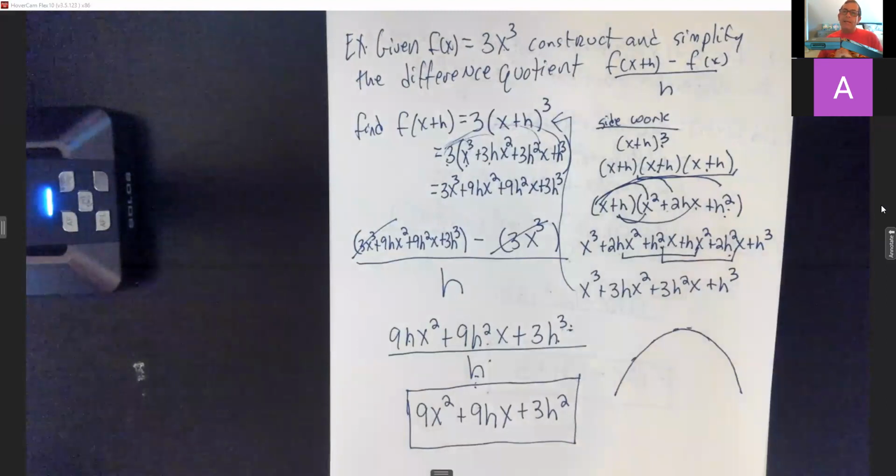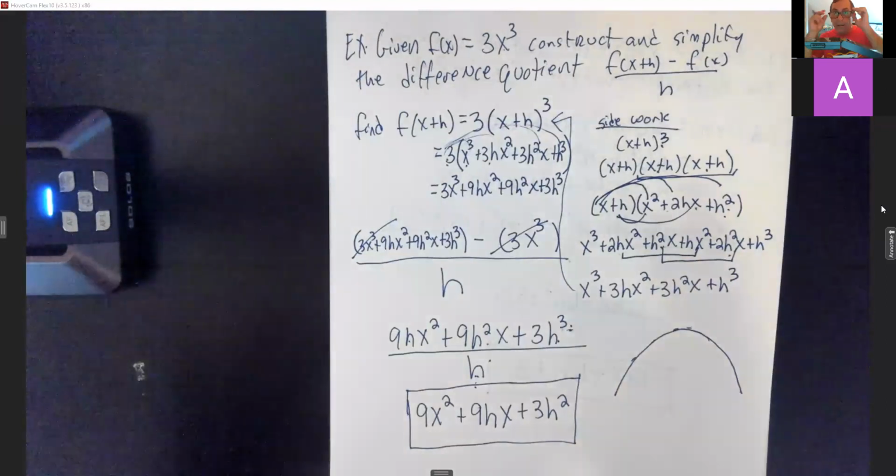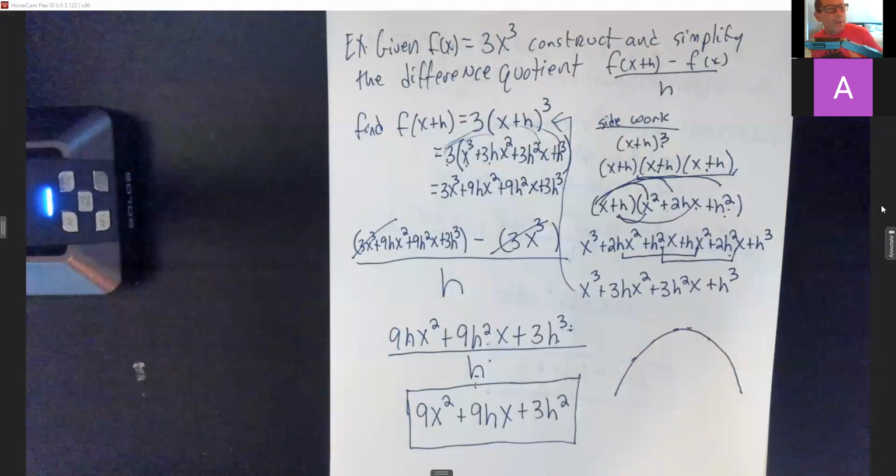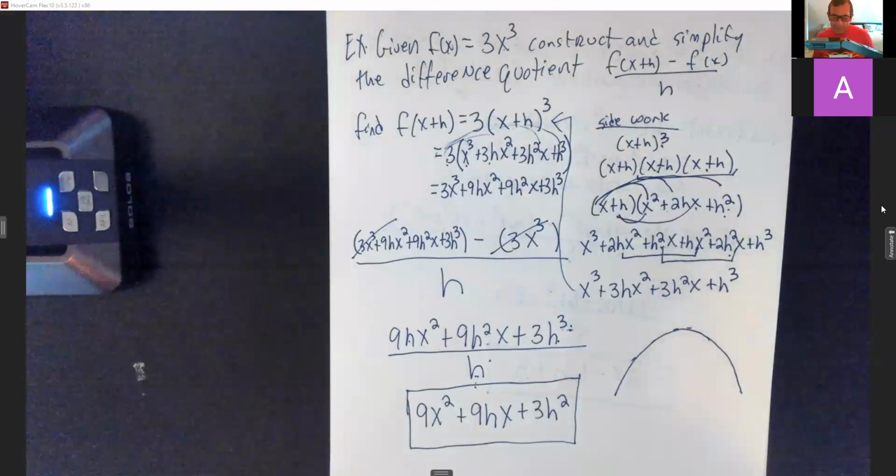Like I said, business calculus gets to play with this formula a whole lot, and then probably Cal 1, if you're taking those kinds of classes. But in the long run, that difference quotient is nothing but a fancy slope formula.